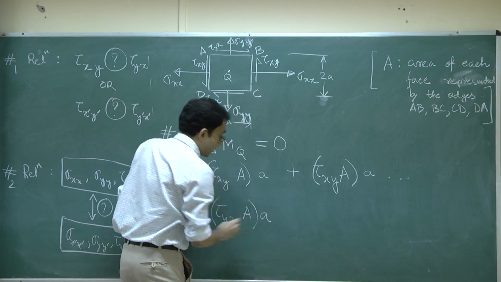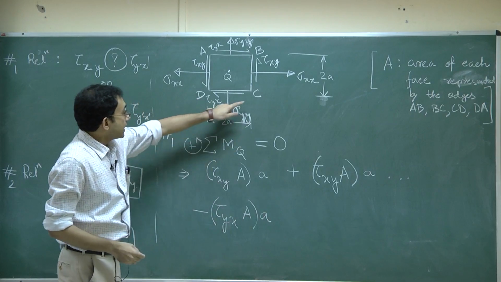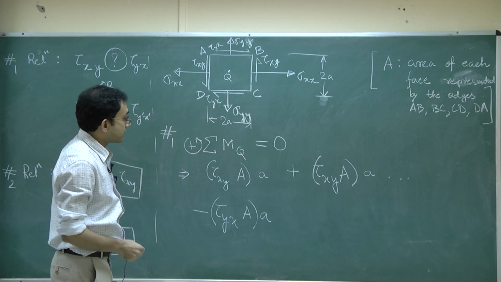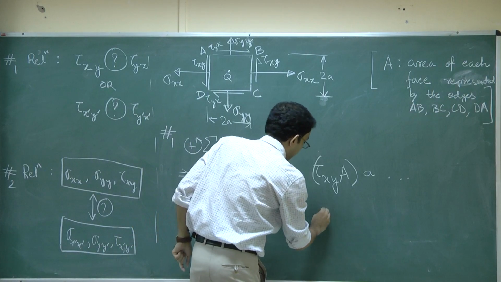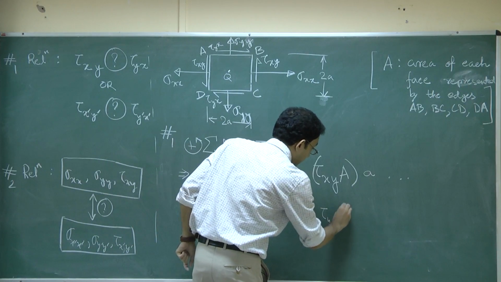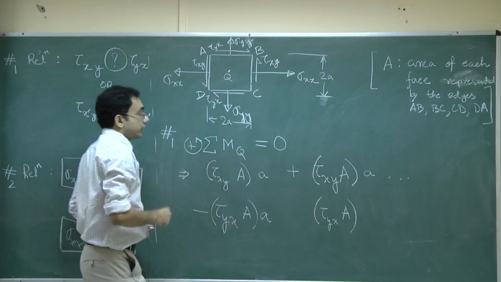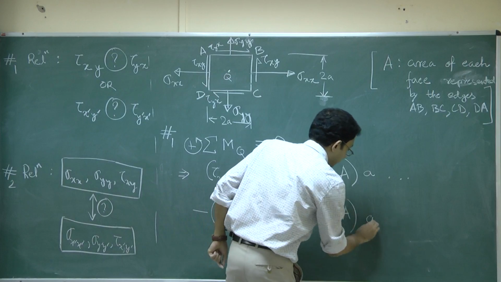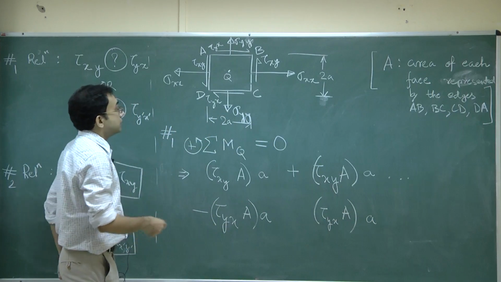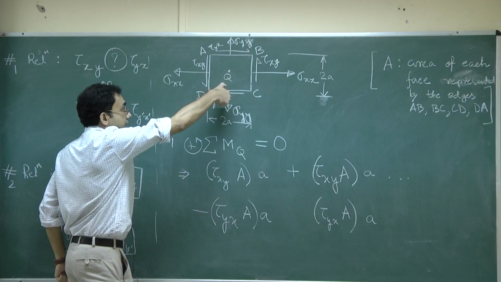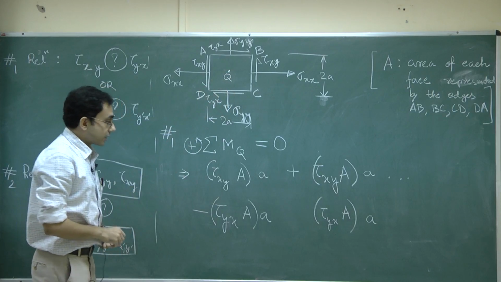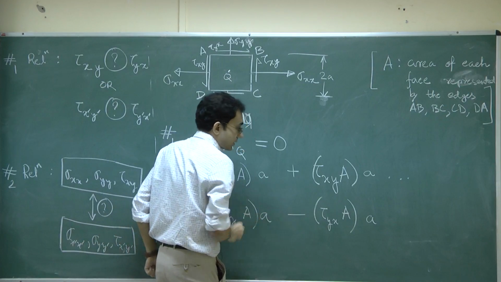So this is negative. Finally, I consider this edge CD. Here I have tau yx again multiplied by the area A. The moment arm about Q is A, and I confirm that if I curl my fingers, it is again in the clockwise direction, which means that I need to put a minus sign here.